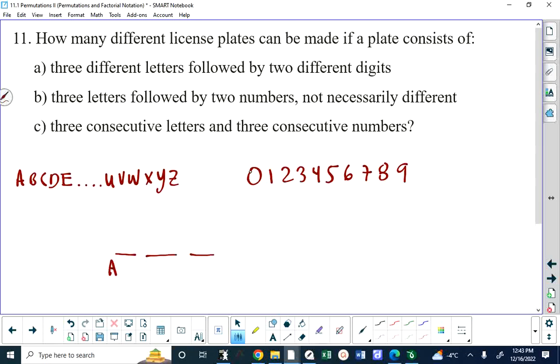I can put B because then I can put CD. But I cannot put either Y or Z, because if I put Y, the 3 consecutive letters that start with Y are Y, Z. We don't have anywhere else to go. And that means that there are only 24 letters you can choose for the starting letter.